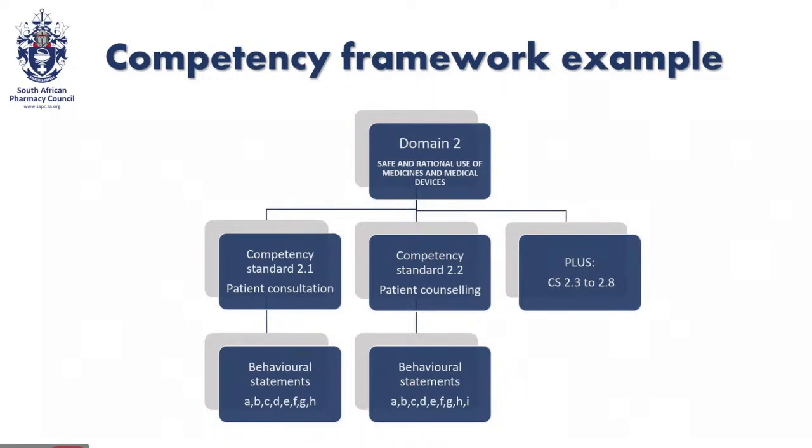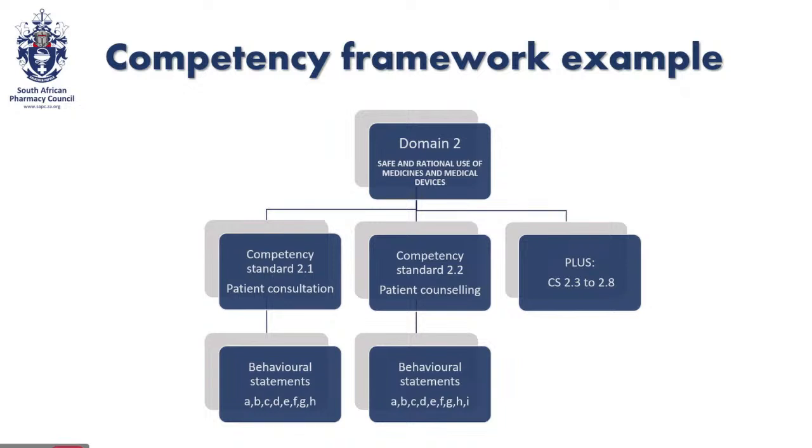Underneath that it's a hierarchy where we have competency standard 2.1, 2.2, then 2.3 to 2.8. Within 2.1, you will see behavioral statements A, B, C, up to H. For 2.2, the behavioral statements go from A to I.